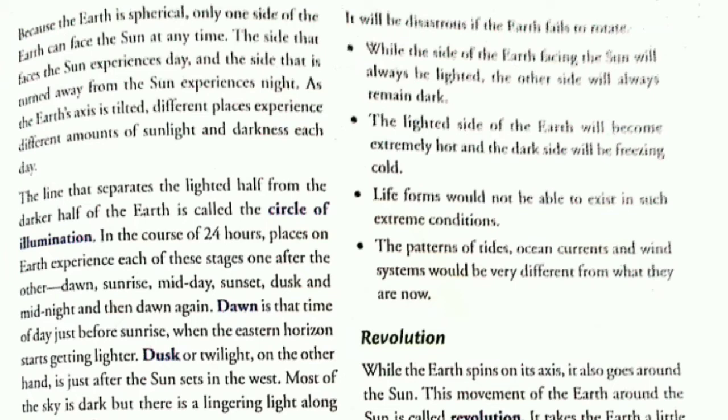As we know, the earth's axis is tilted. It is tilted at an angle of 66.5 degrees to the plane, or we can say it is tilted at an angle of 23.5 degrees to the vertical. I am repeating again that the axis of the earth is tilted at an angle of 23.5 degrees to the vertical and 66.5 degrees to the plane of earth's orbit.